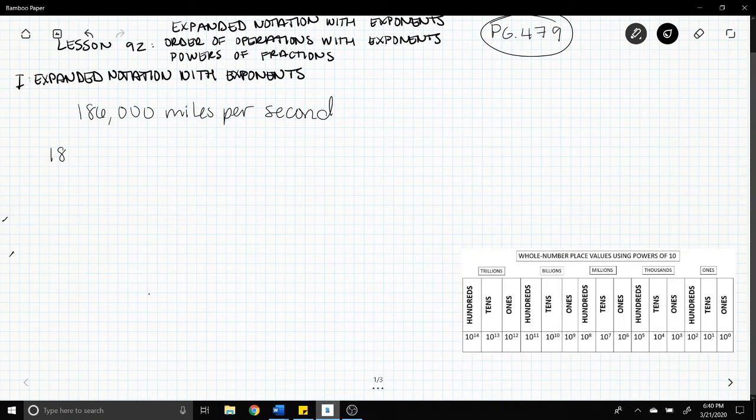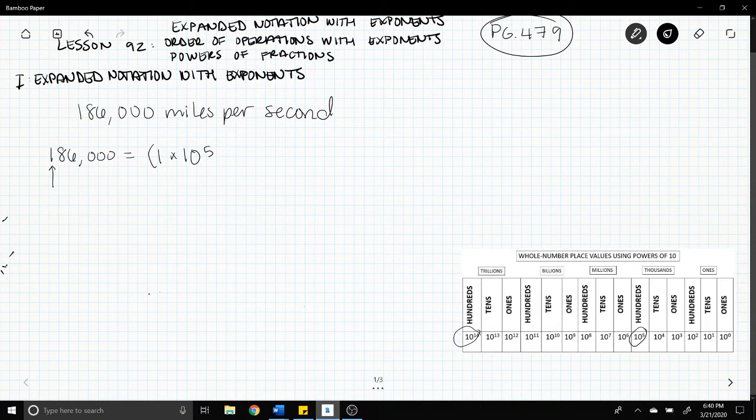So what we're going to do is we're going to write each non-zero digit, and we're going to multiply it by its place value as a power of 10. So 1, what place is the 1 in? It's in the 100,000s place. So you can look on your chart and say 100,000s is 10 to the power of 5.